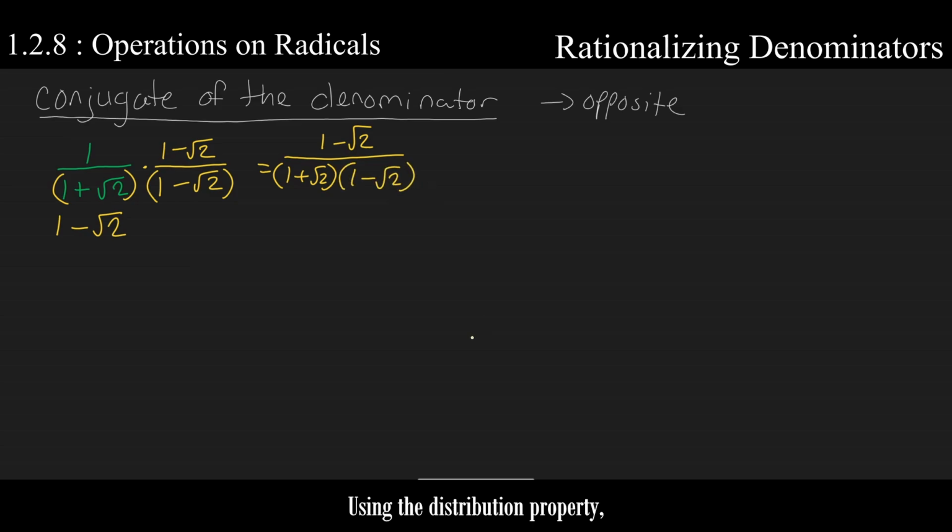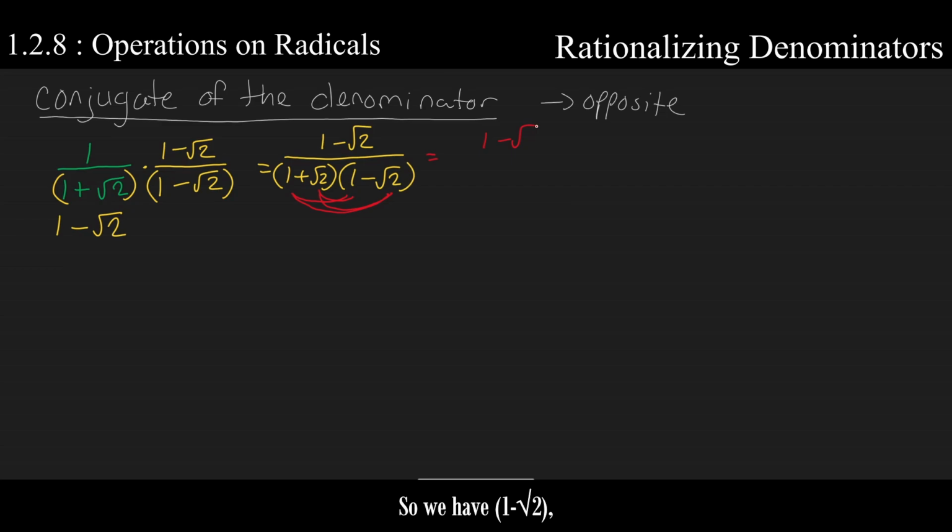Using the distribution property, which if you don't recall, you multiply each term in each of the parts being multiplied. That's 1 times 1, 1 times negative square root of 2, square root of 2 times 1, square root of 2 times negative square root of 2.